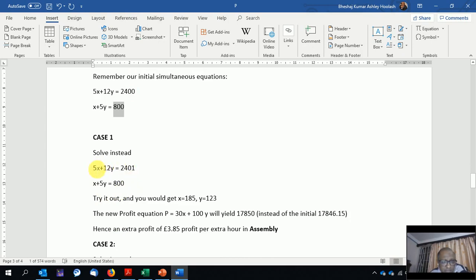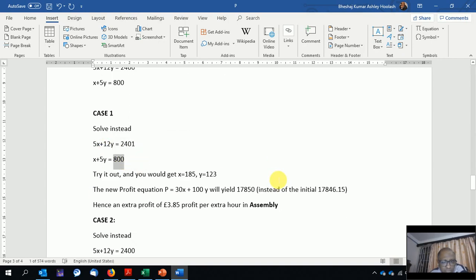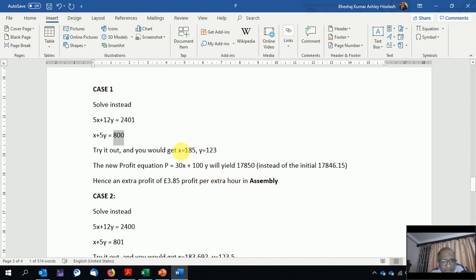For the assembly, I'm going to increase by 1 unit, and this one stays constant, and I'm going to solve simultaneously, and I will get this answer. You should try this. I will get this answer, which I can then put in the profit equation, and it will give me a new profit. That's if I was given 1 extra hour for assembly by keeping finishing constant, right?